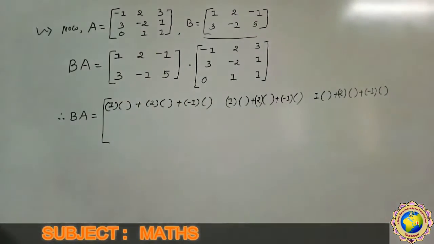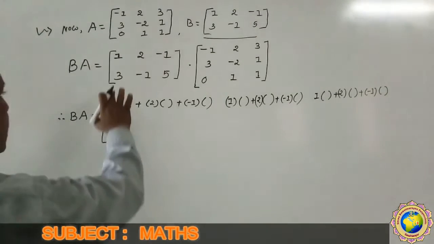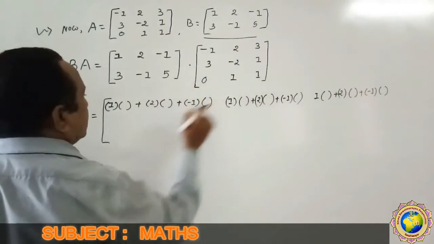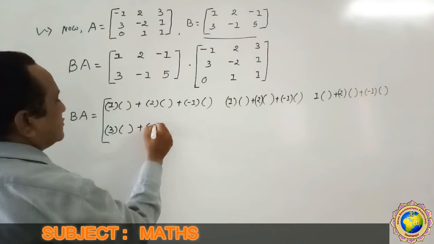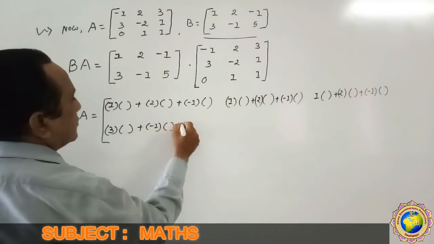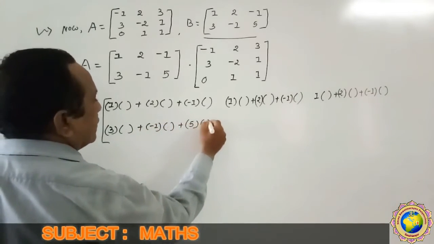Now the first row is written down. Now again the second row: write down the second row 3 times. So 3 plus minus 1 plus 5.